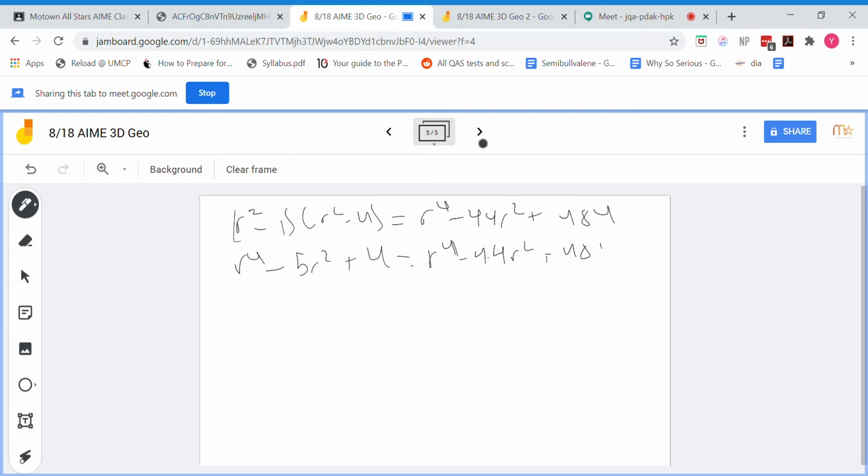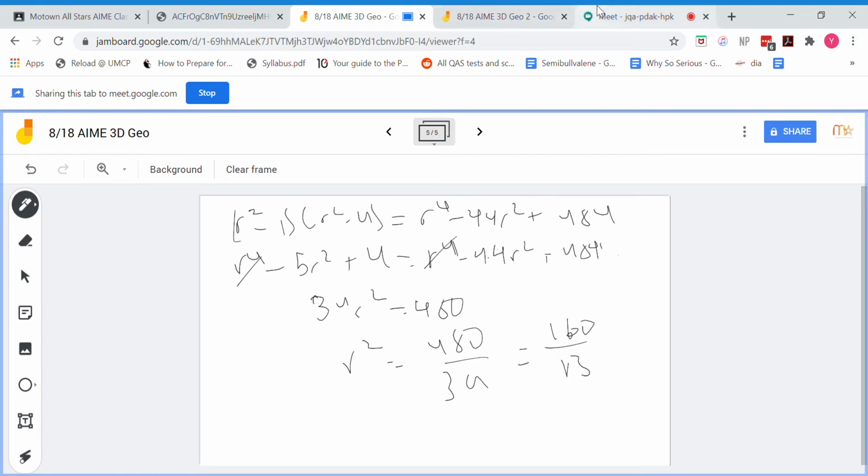So this cancels, right? And then we're left with 39r squared equals 480. And so r squared equals 480 over 39. Obviously this is not reduced, but we can reduce this easily. This comes out to be 160 over 13.